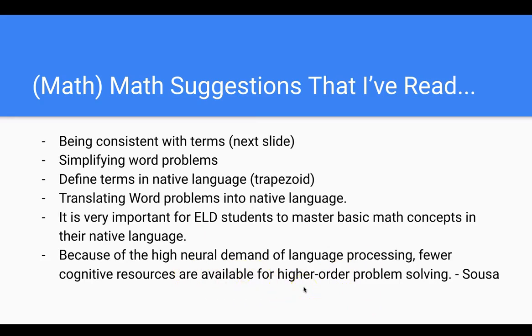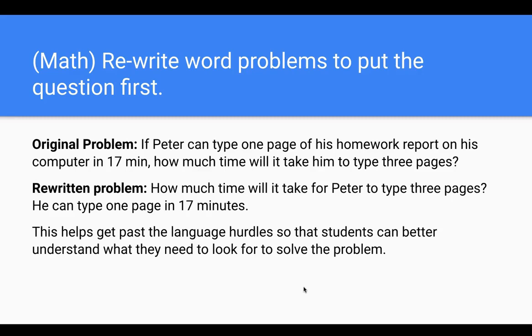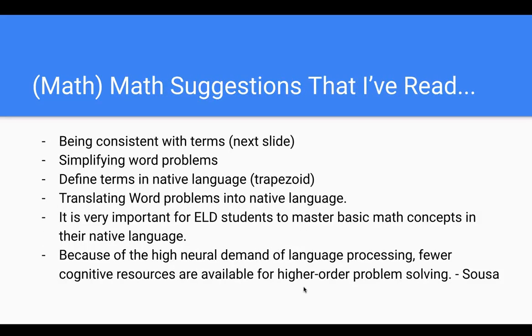So their brain is being taxed. While they're trying to understand and translate the language, it'll be more difficult for them to process the math questions. I didn't realize that until I read it. Those are the suggestions that he had made.